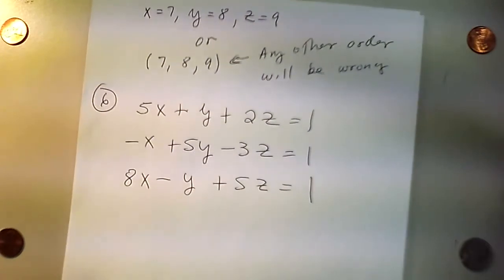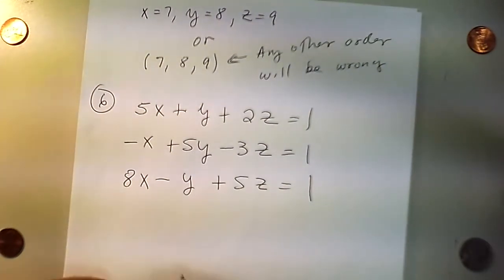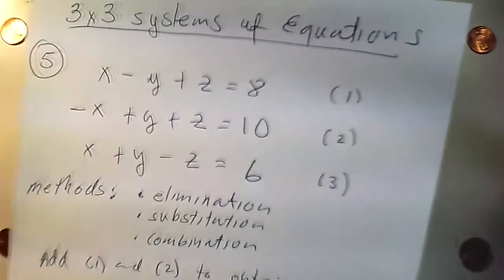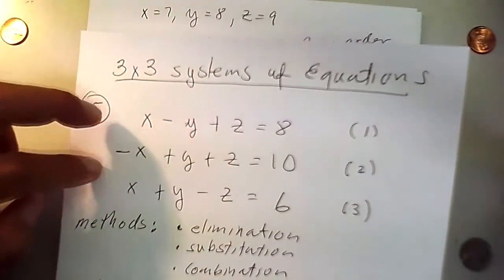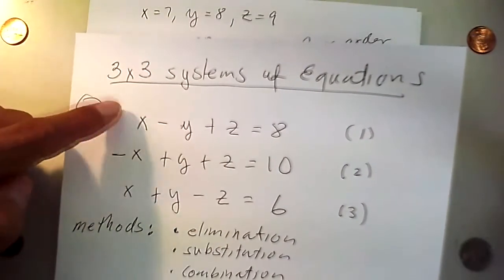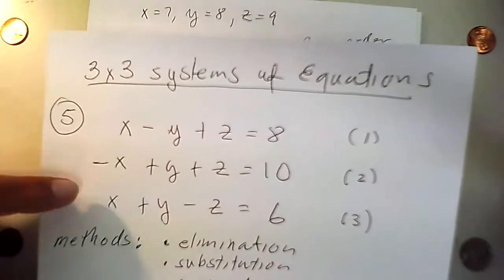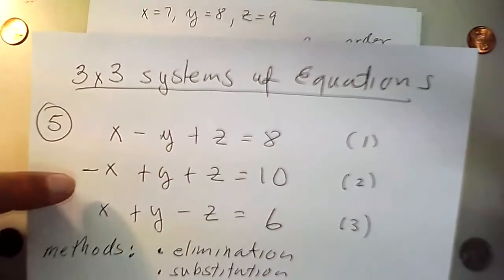This problem is more difficult because in the previous one, it was pretty straightforward to just add equations the way they sat, the way they were. Just add them together, this one with this one, and something will turn out nicely.